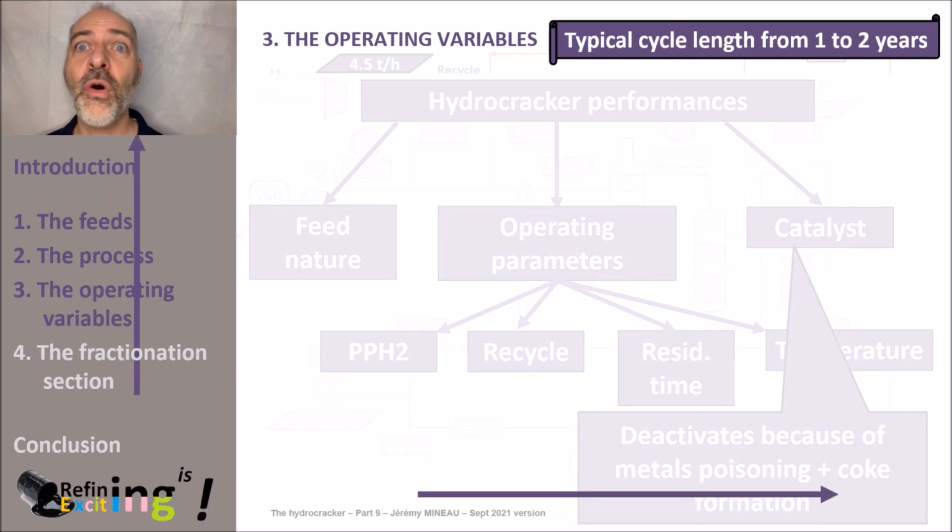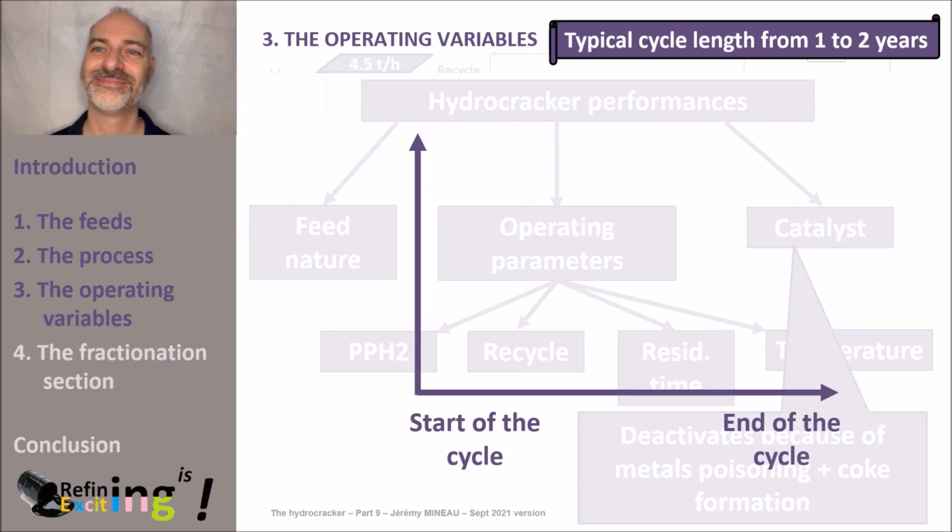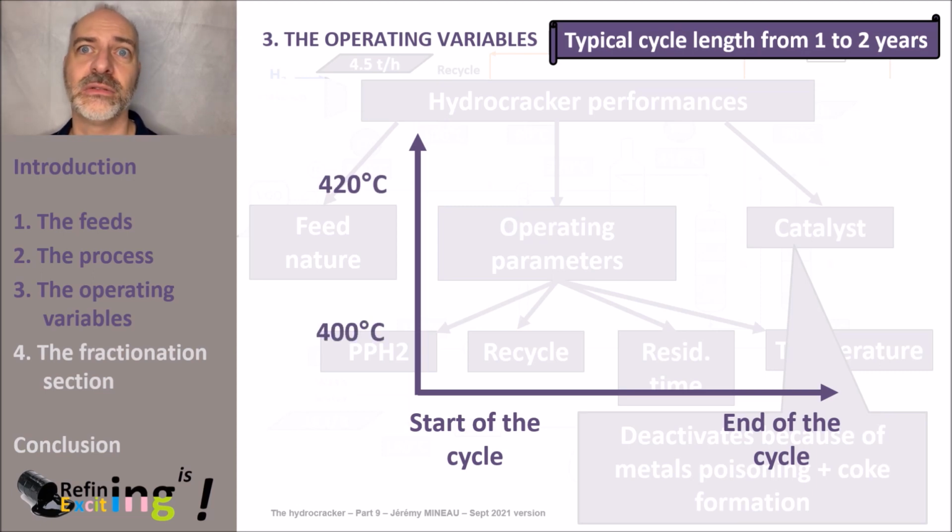Note that there is therefore an operating window in temperature between the beginning of the cycle and the end of the cycle. The case that has been described here with the temperature at the reactor outlet of 420 degrees C is representative of an end of a cycle.